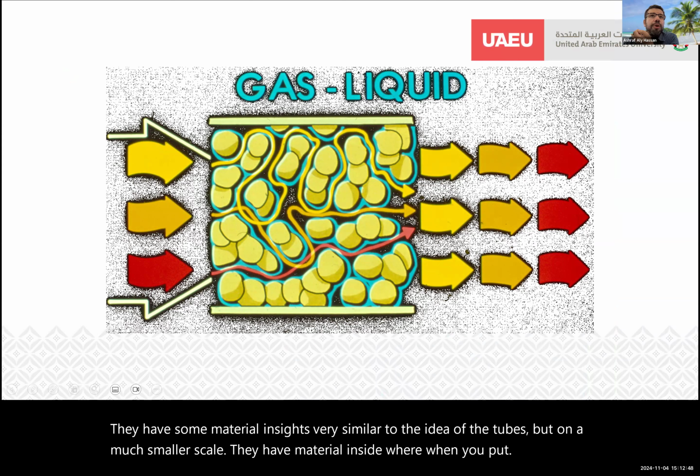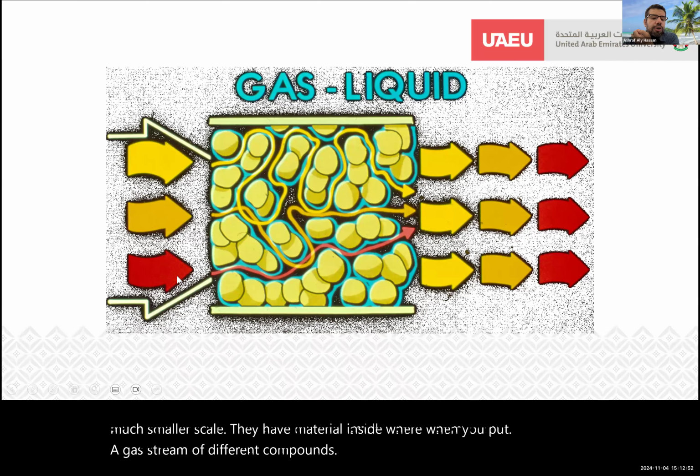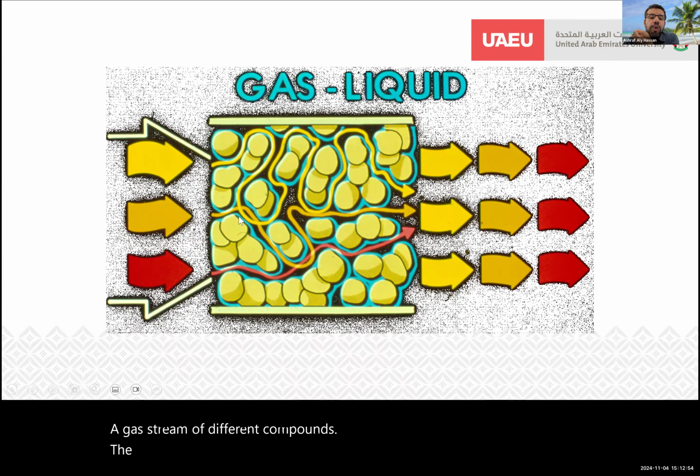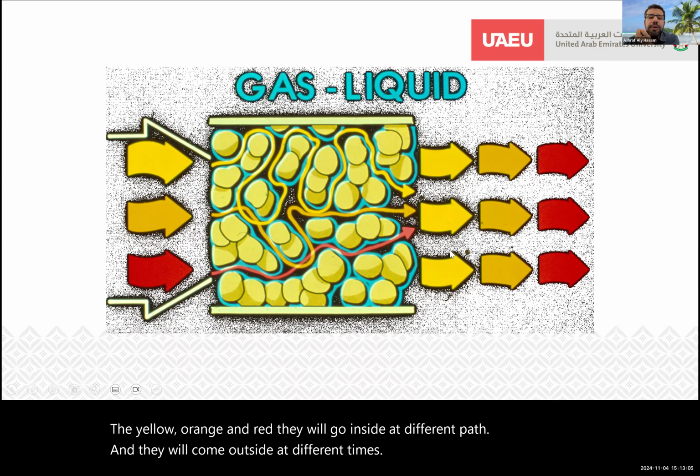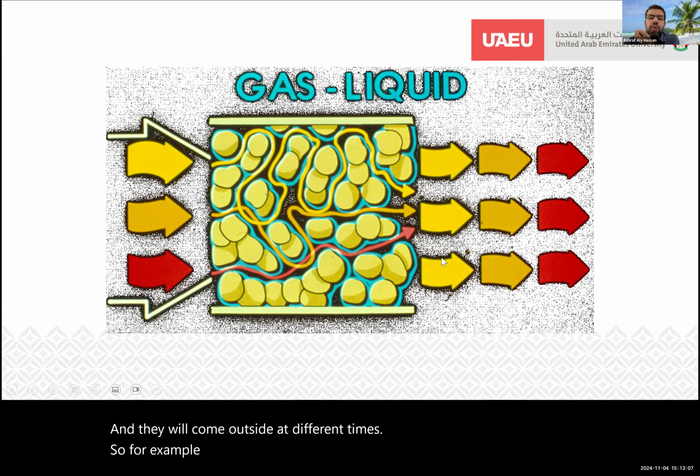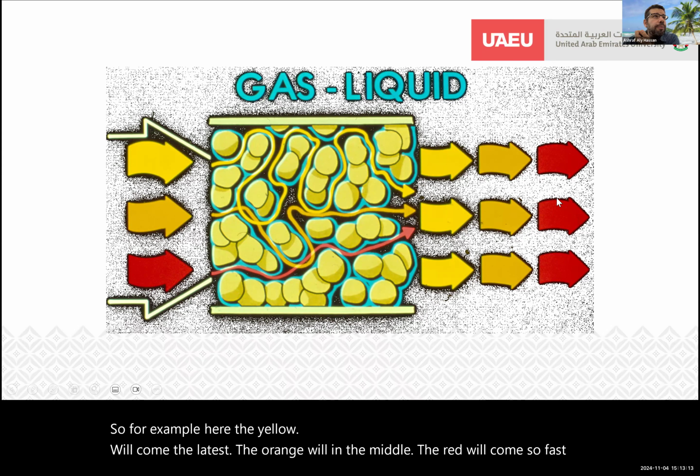They have material inside where when you put a gas stream of different compounds, the yellow, orange, and red, they will go inside at different paths, and they will come outside at different times. So, for example, here, the yellow will come the latest, the orange will be in the middle, the red will come so fast out.